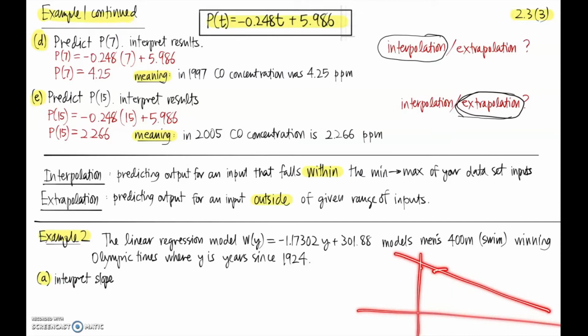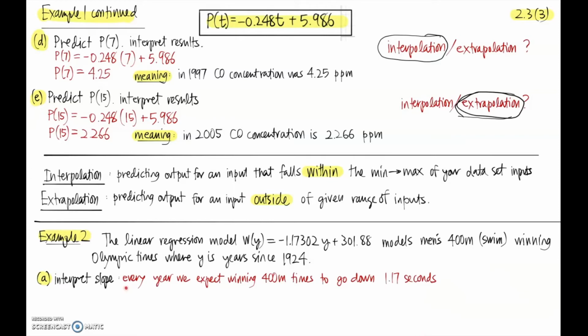So for every year I go forward, I'm going to go down 1.17 seconds in my time. And that makes sense because swimmers' times are getting faster. With the Olympics, you might even think of, well, what happens every 4 years? Every 4 years it goes down about 4.7 seconds. So the slope tells us every year we would expect the winning 400 meter times to go down 1.17 seconds.